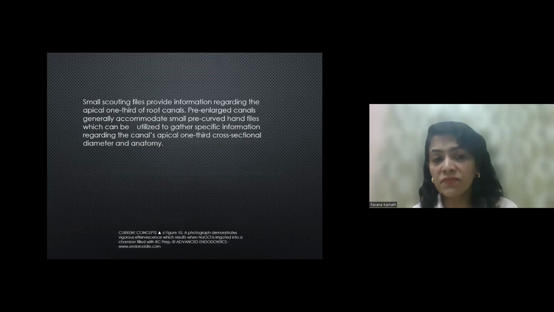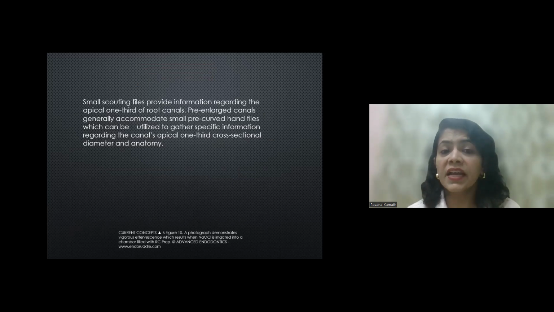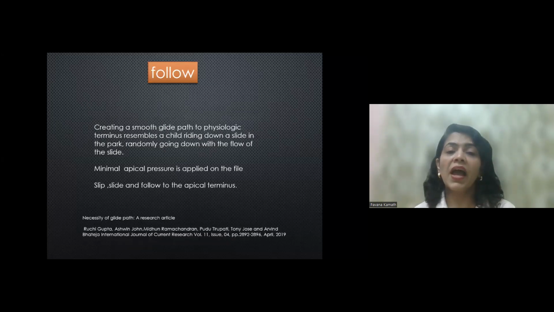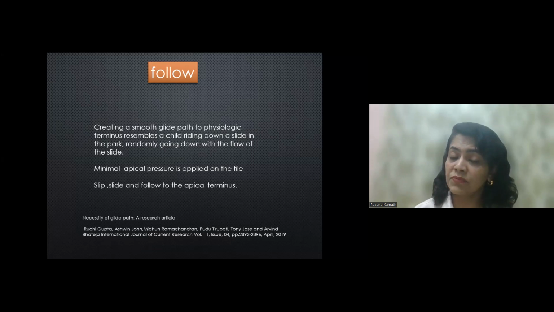A small scouting file, when steered clear of the coronal restrictions, can help in a great way in determining the diameter apically as well as the apical third cross-sectional anatomy, which is of great benefit in root canal preparation. And once we have scouted the root canal system, we have to just create a smooth glide path to the physiologic terminus, which is as simple as, or resembles, a child riding down a slide in the park, randomly going down with the flow of the slide.